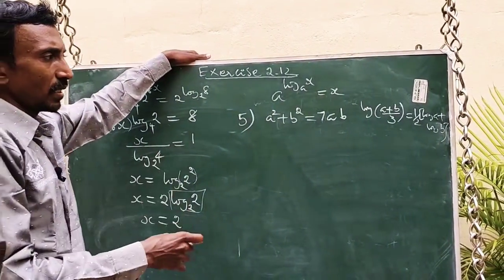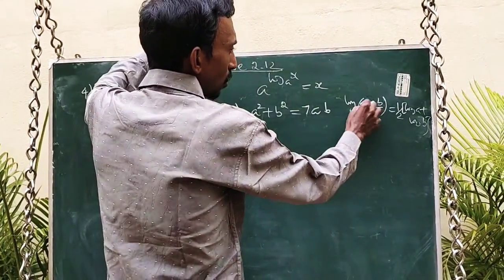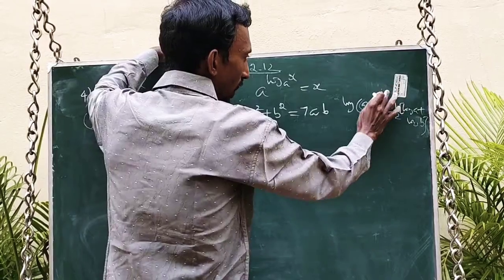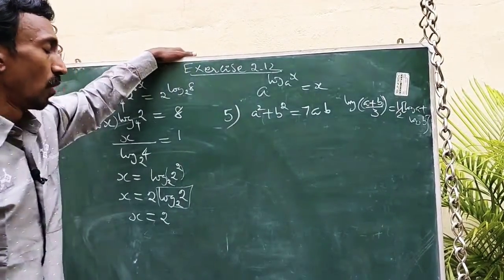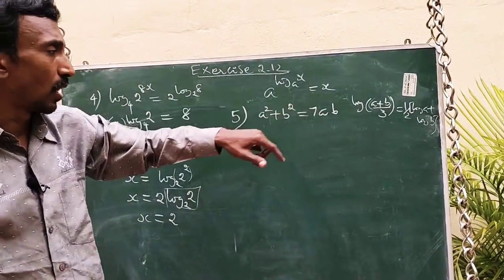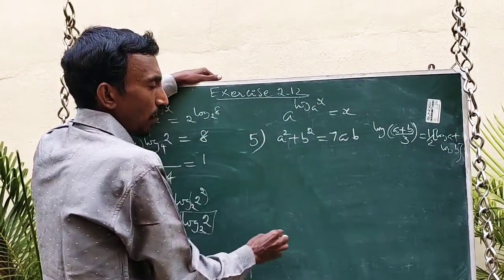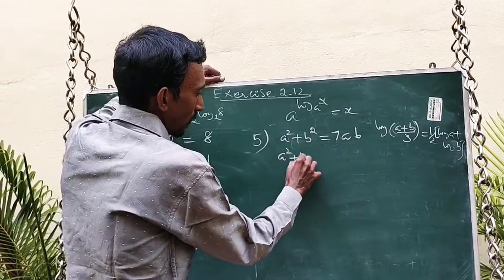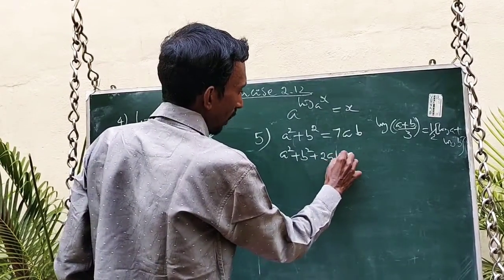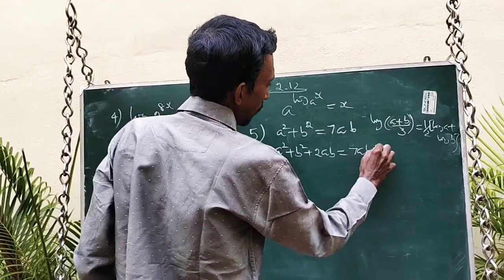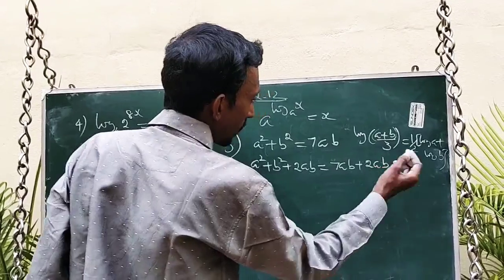Listen here. Here is the hint. (a plus b) the whole square, you can imagine. If we need (a plus b) the whole square, just add 2ab on both sides. So a square plus b square plus 2ab equal to 7ab plus 2ab.